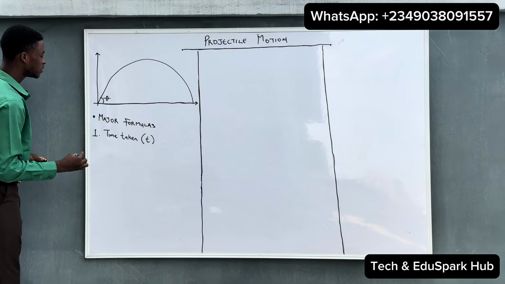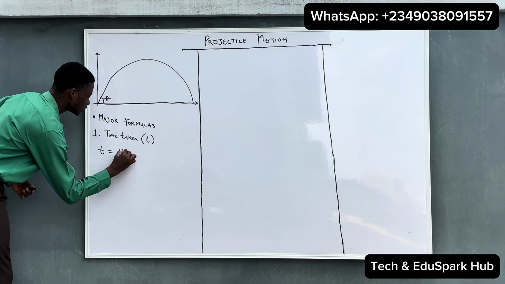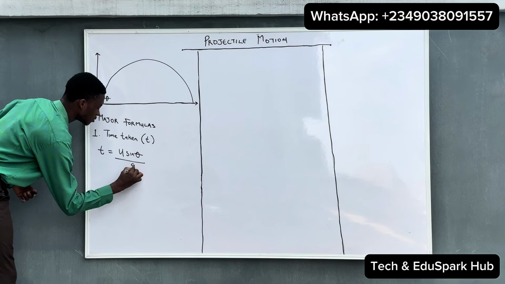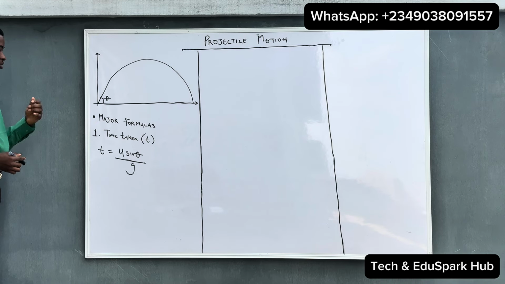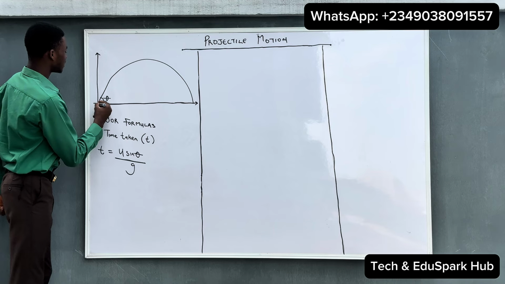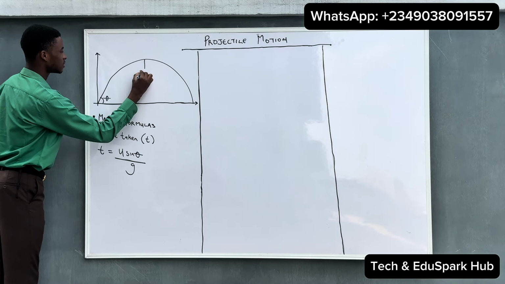The formula for the time taken is given as small t equals u sine theta over g. So this is the formula for the small t, which is the time taken. Looking at this, let's say this is our maximum height.